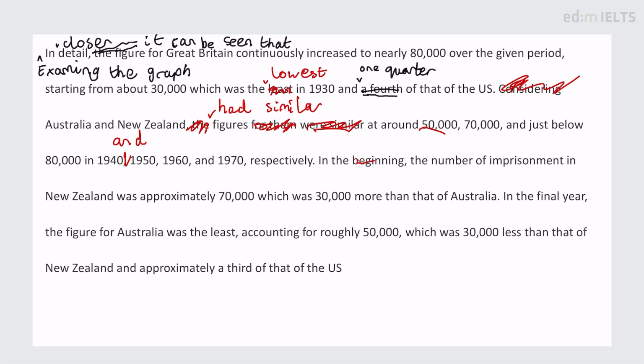In the beginning, sounds very general. It's the start of the Bible, isn't it? In the beginning, God created the heavens and the earth. In the first year, the first one shown in 1930, in the first year, the number of imprisonments in New Zealand was approximately 70,000, which was 30 more than that of Australia.